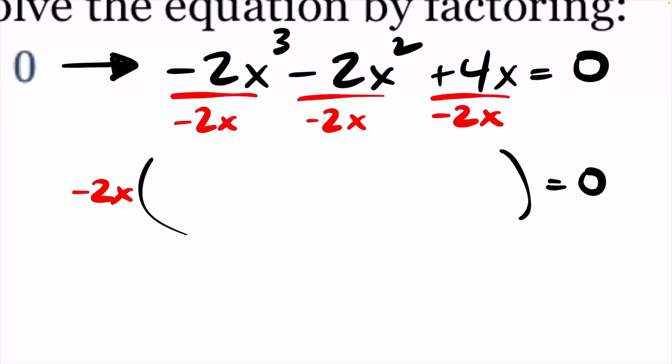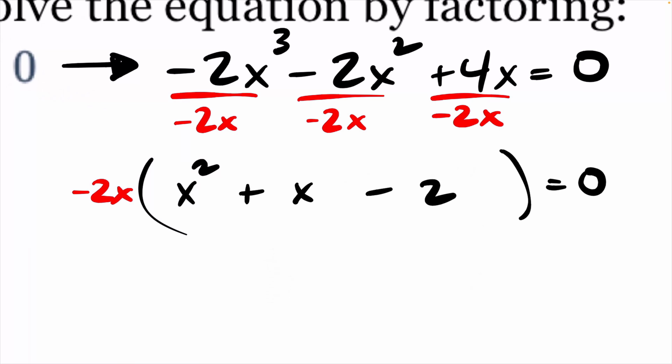Okay, divide. Negative 2 and negative 2 make positive 1. Take away a power, I get x squared. Negative 2 and negative 2 make positive 1, x, because I took away a power. Negative 2 and positive 4 make negative 2. I took away 2 powers, I got none left.